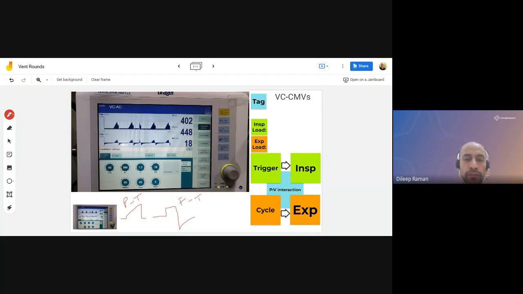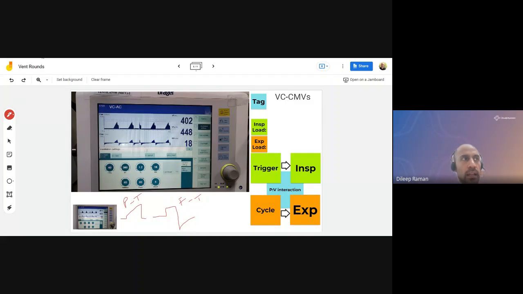The flow time scalar should be like a square wave, and then going down. And the pressure time in volume control should be one small step up and a gradual rise. But what you're seeing here is a gradual rise, and then there's a notch and it's coming down. So that is a little bit different from the usual volume control.